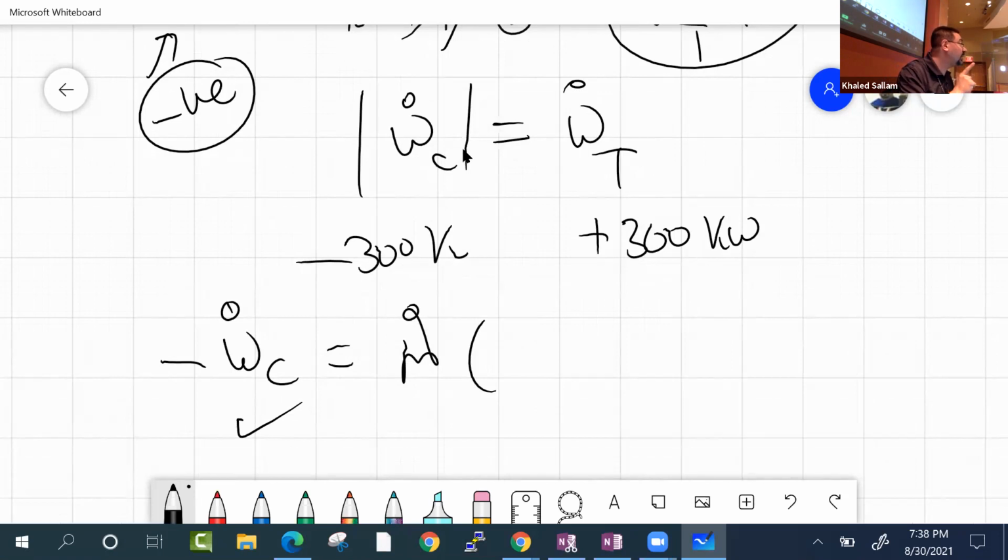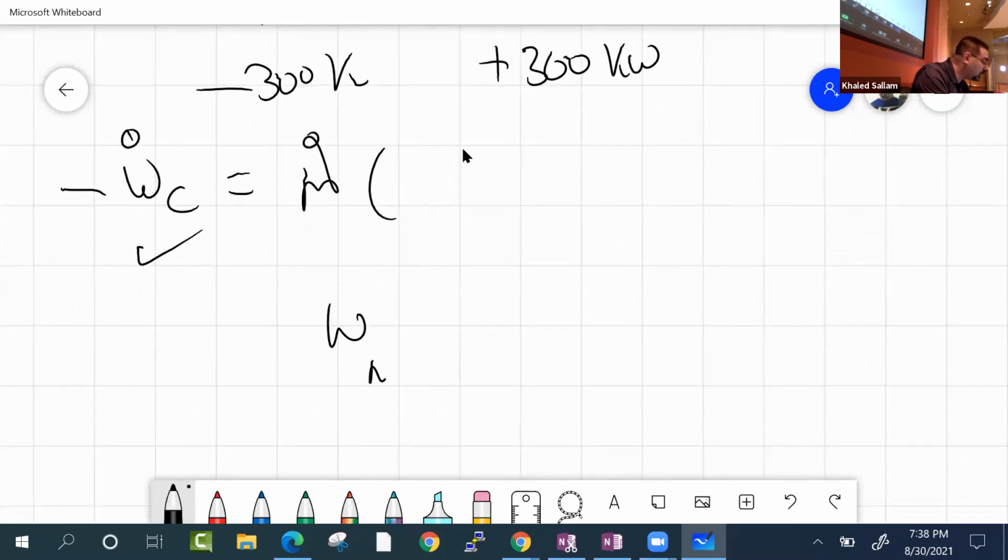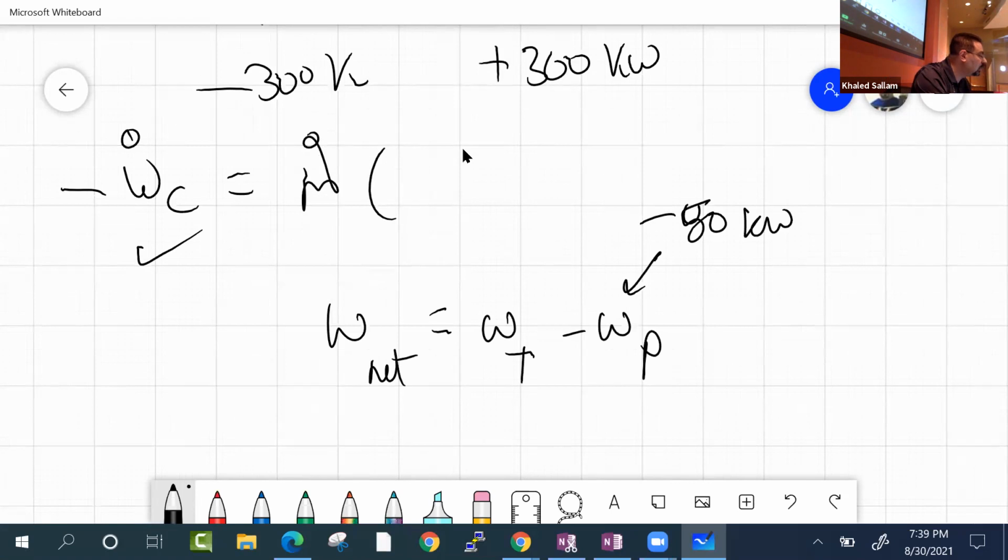But then when you are trying to equate it with someone else, or trying to get work net, we talked about this when we talked about the pump. If you want to come up with work net in a Rankine cycle, turbine and pump, you cannot say it's work turbine minus work pump and put this guy as minus 50 kilowatt, for example. If you want to stick to the first law, then it's work turbine plus work pump, and so it will be the 300 minus the 50.